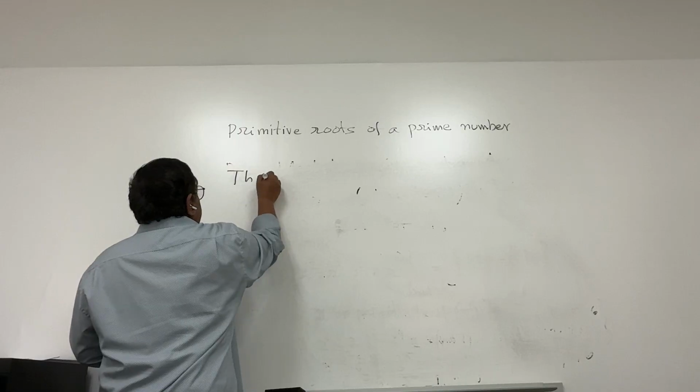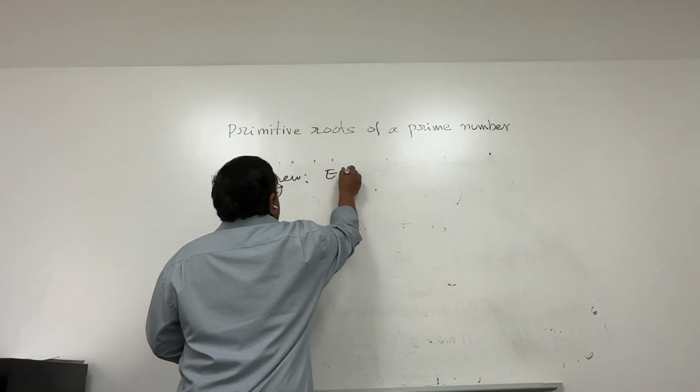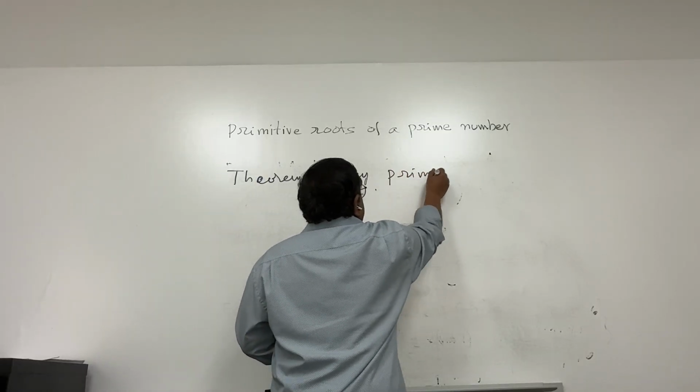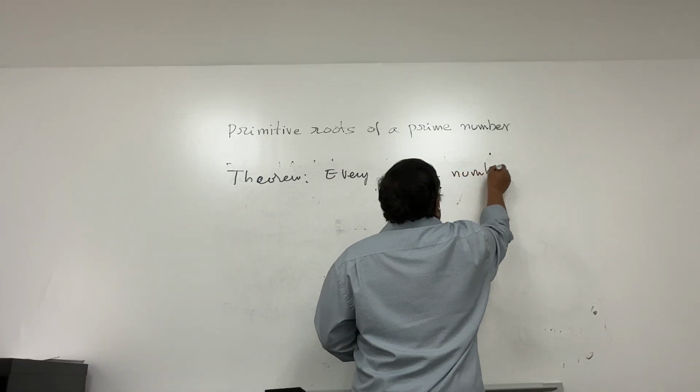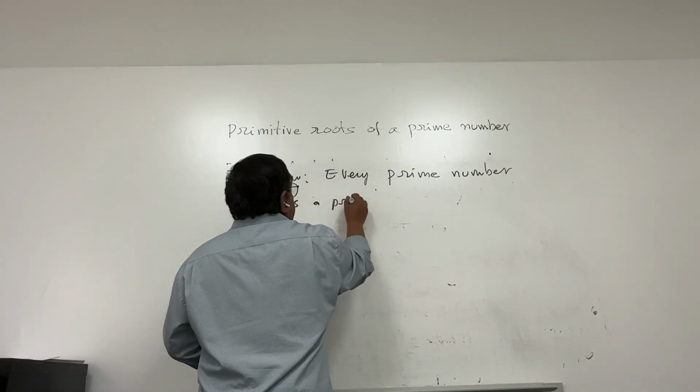Theorem: every prime number has a primitive root.